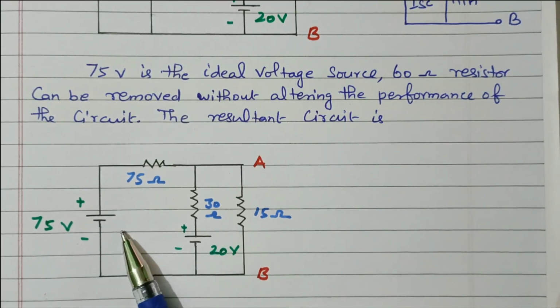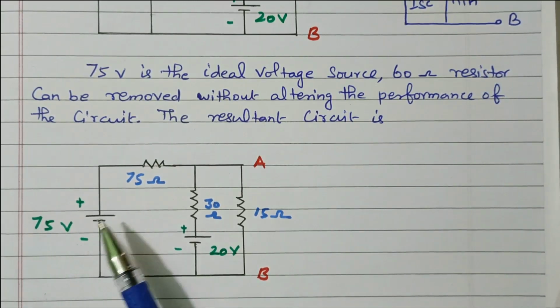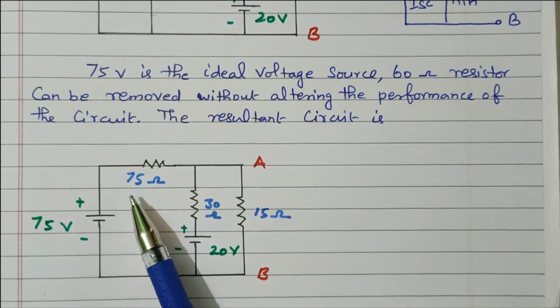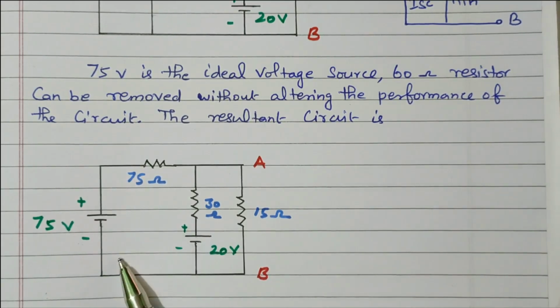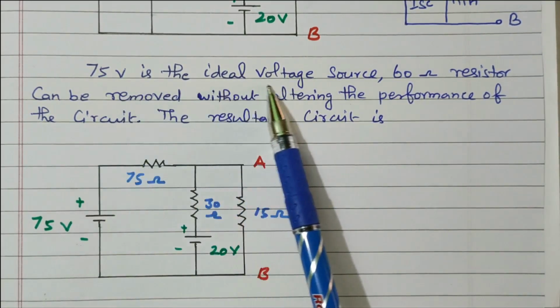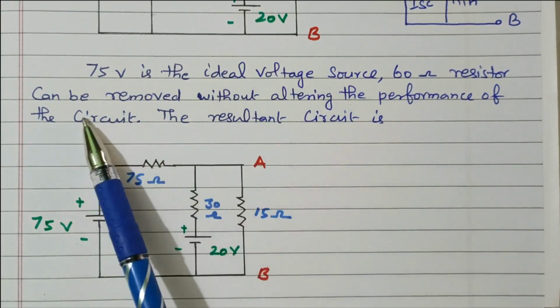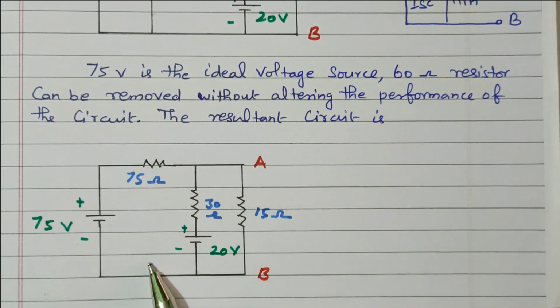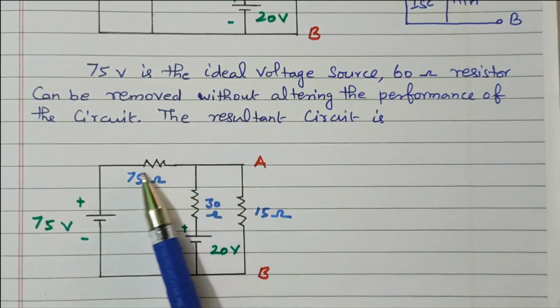Normally a voltage source is connected in series with a resistor, and a current source in parallel with a resistor. So any resistor connected across an ideal voltage source, we can remove it. So after removing, this is the equivalent circuit.